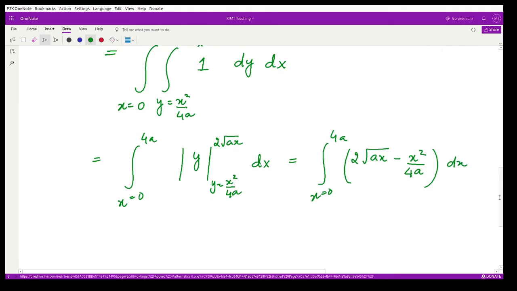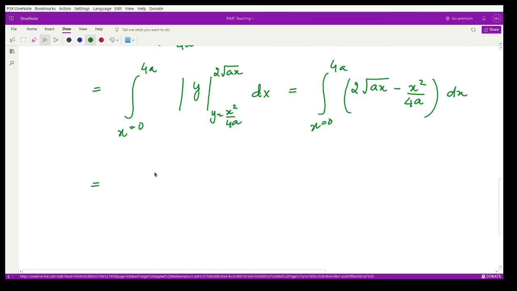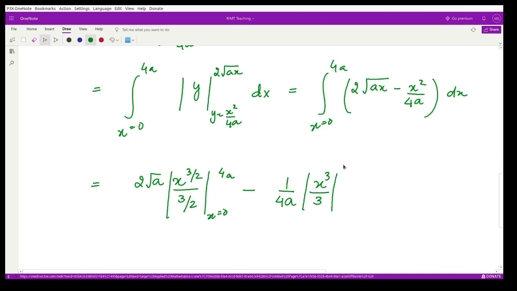The next task is to perform the integration with respect to x. Because this 2 square root a is constant, the integration of x to the power 1 by 2 is x to the power 3 by 2 divided by 3 by 2, with limits from 0 to 4a. For the second quantity we have 1 by 4a constant outside, and the integration of x square is x cube by 3, with limits of x from 0 to 4a.